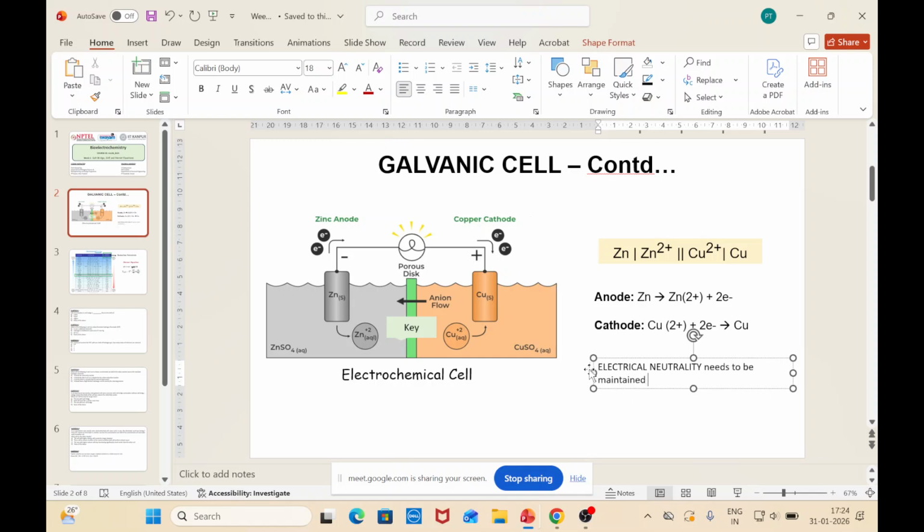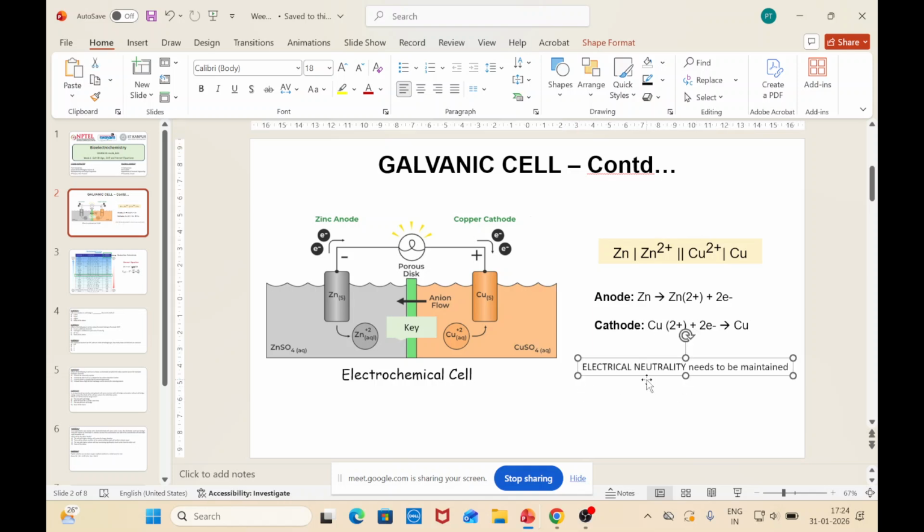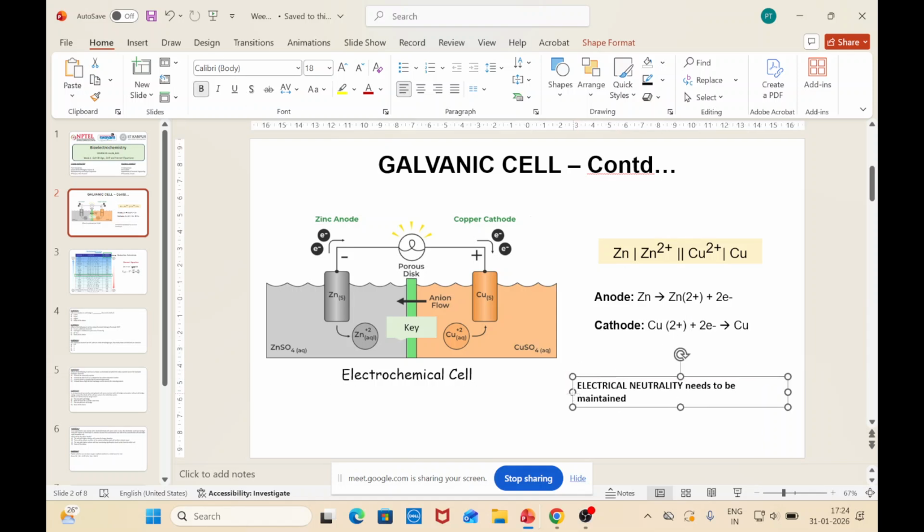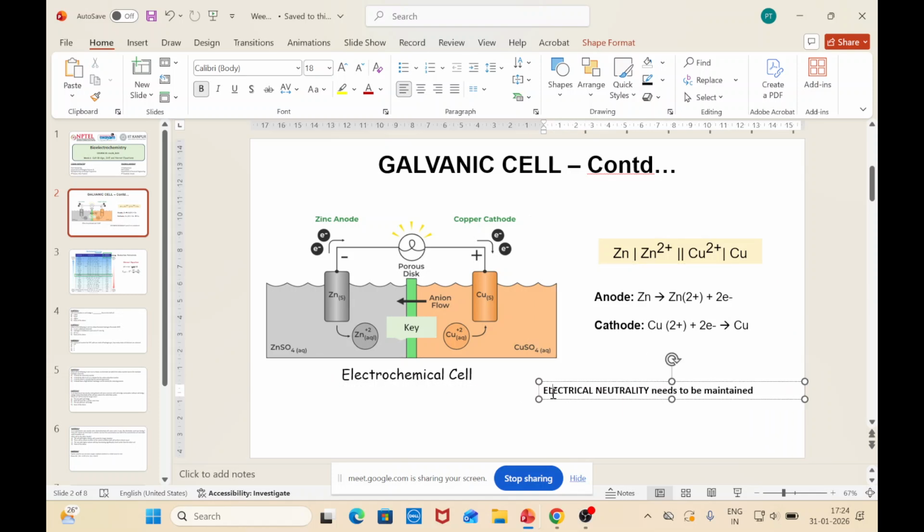In order to maintain this electrical neutrality, we usually manipulate the architecture of the electrochemical cell in such a way that it does not disturb the electrochemical reactions happening in the system, but at the same time makes sure that charge does not build up in any particular compartment.